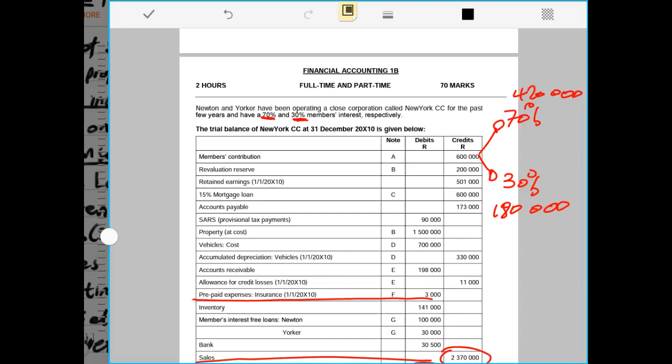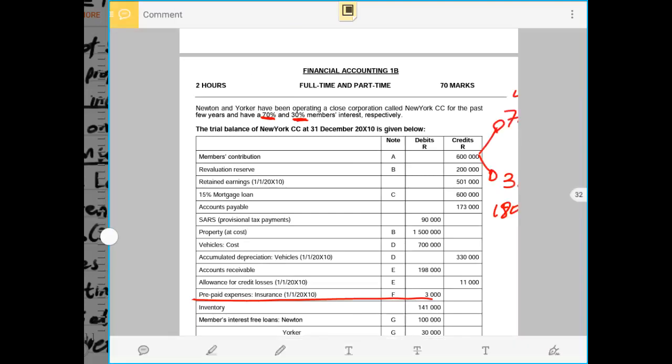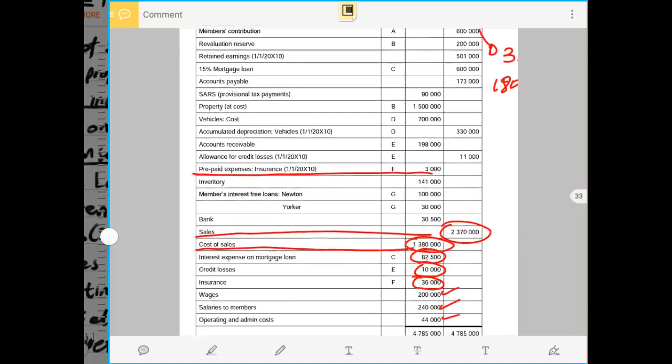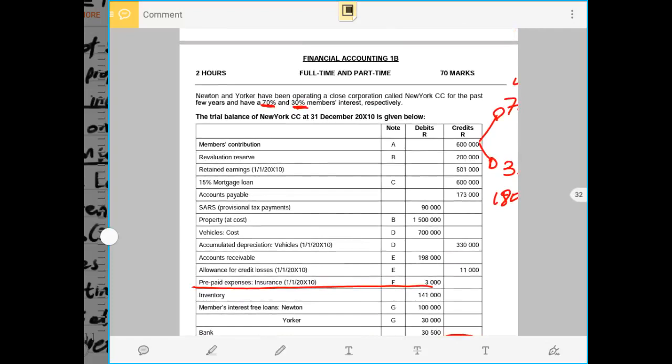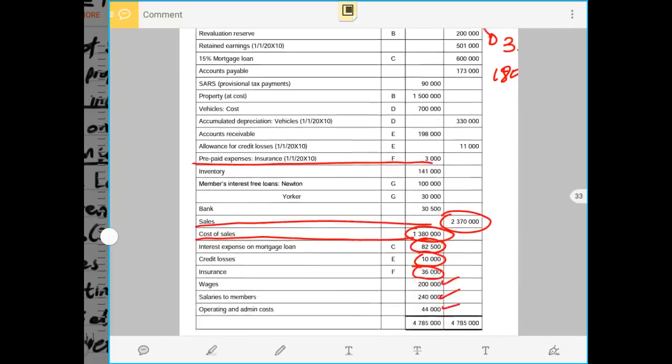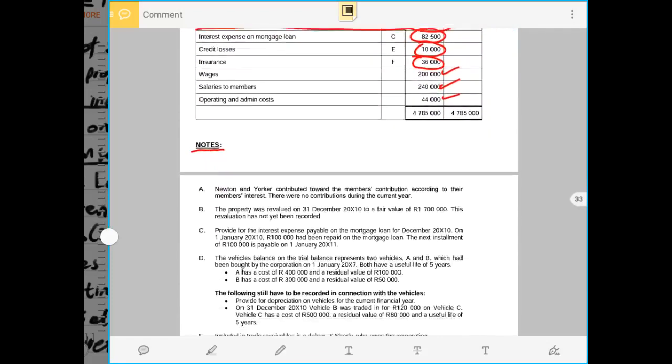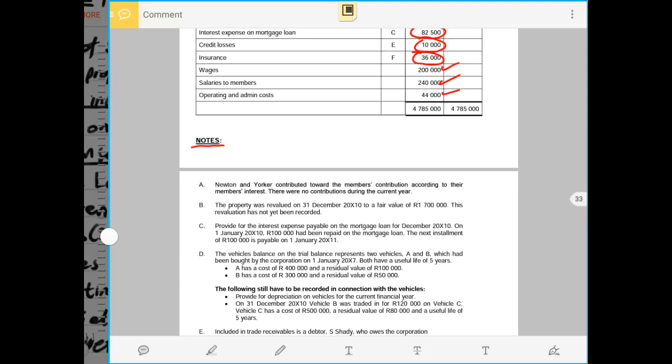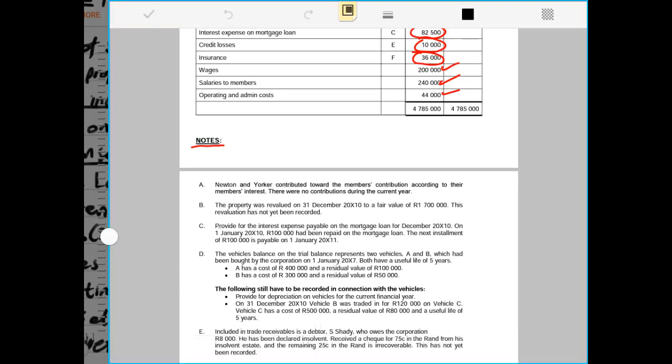That is already included in that 600,000 rands. So now we can just continue with that. Remember, that will be recorded in the statement of changes in equity, and today I prefer to start only with the income statement and complete it first. Number B says that property was, let me just note this, this will be statement of changes in equity.